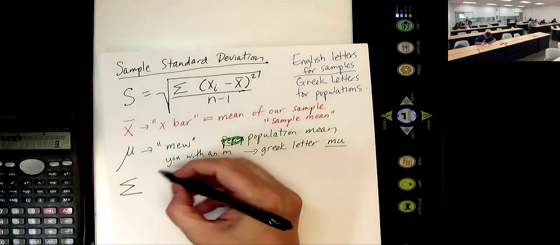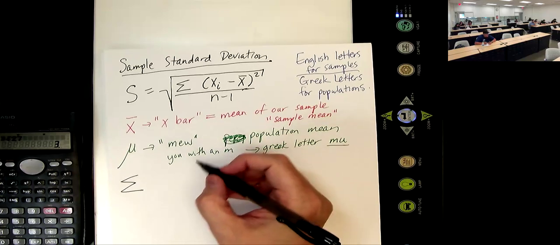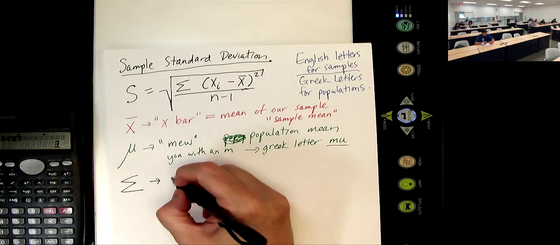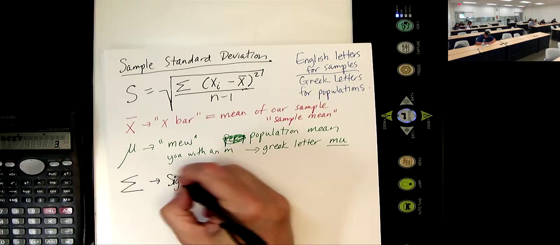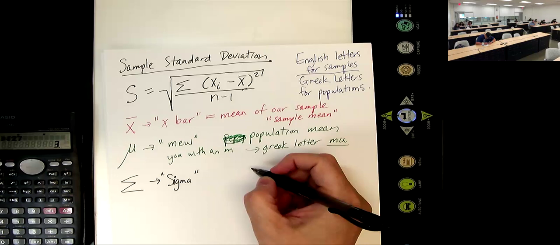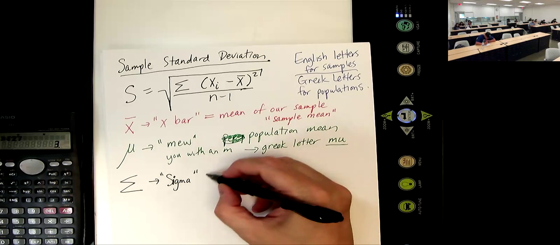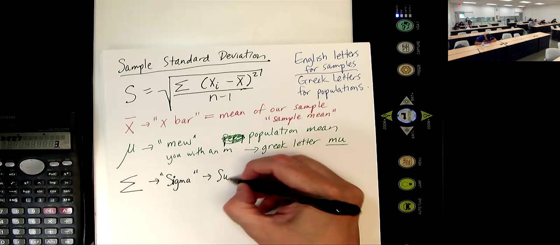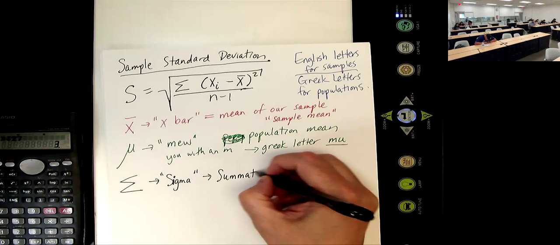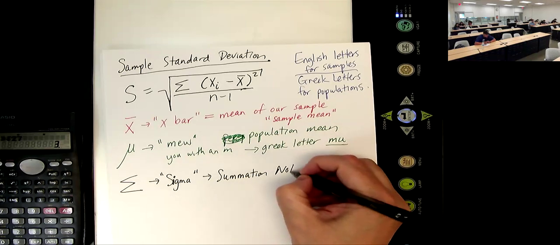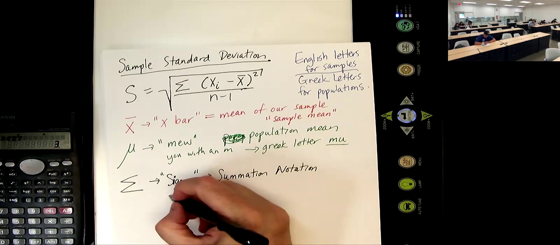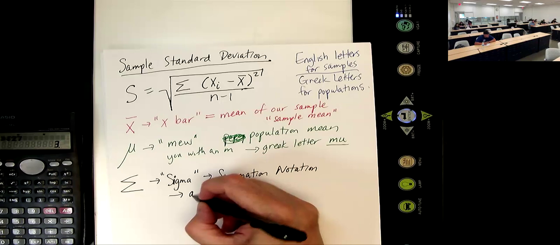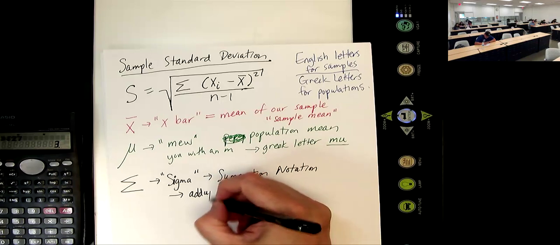If you use Microsoft Excel, you've seen it there. This is sigma, and it's called summation notation. But what it really means is: add up what follows.